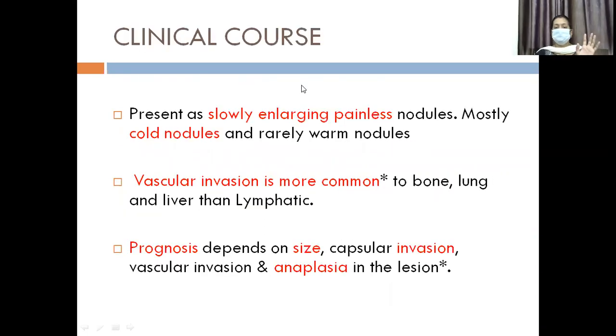So the clinical course: slowly enlarging painless nodule, mostly cold nodules, vascular invasion is common. While you are seeing the microscopic picture, that is histopathology, you can see that there is a breach in the capsule, that is called capsular invasion. You can also see the vascular invasion. Prognosis depends on the size, capsular invasion, vascular invasion, and anaplasia in the lesion.